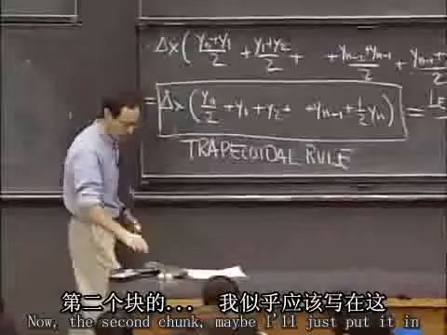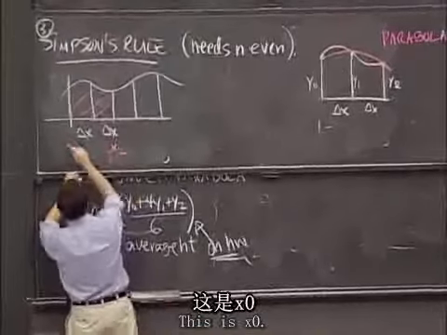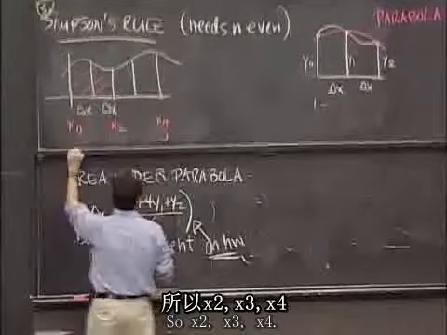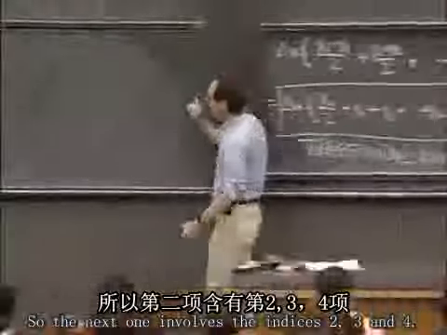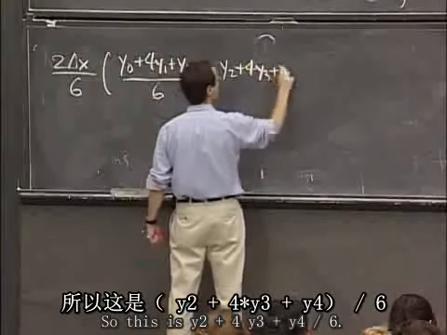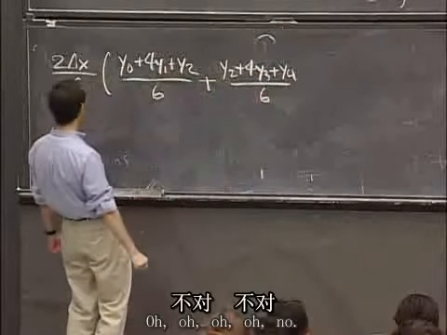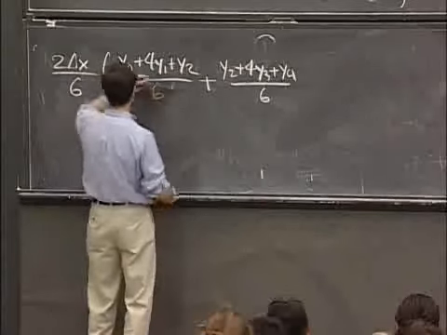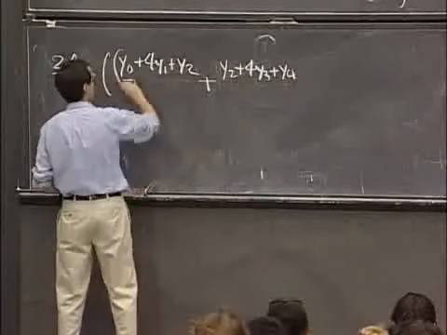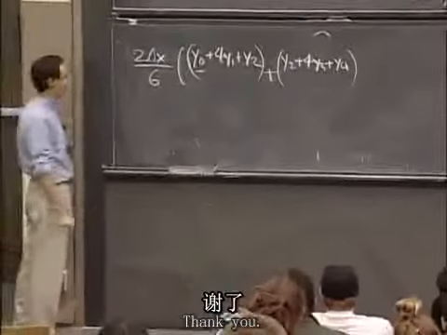Now, the second chunk starts at x2 and goes all the way to x4. So x2, x3, x4. The next one involves the indices 2, 3, and 4. So this is y2 plus 4y3 plus y4. Oh, no. I think I'll get rid of these 6s. I have too many 6s. Let's take them out, put them out here. All right? Thank you.